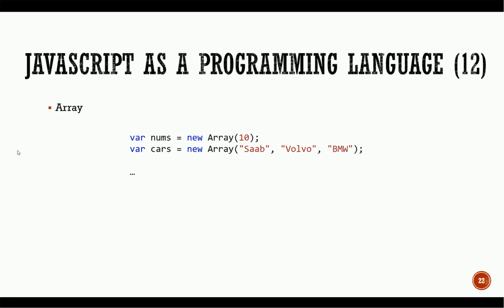In the second line we declare the array but also assign the initial items. So this is an array of 3 elements, and each of them contains a car brand name. And as I mentioned, an array is a special object.